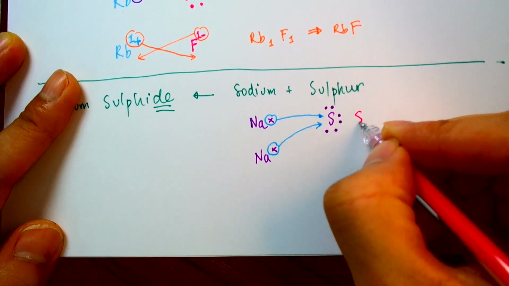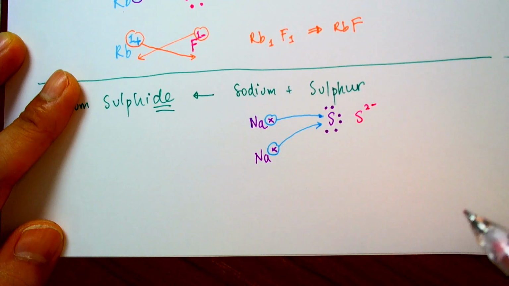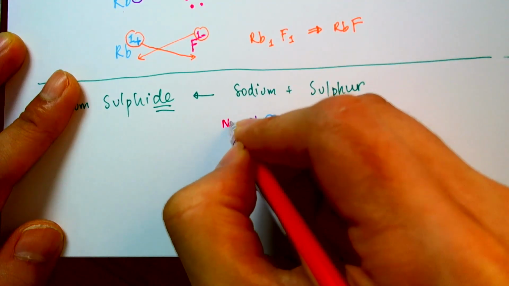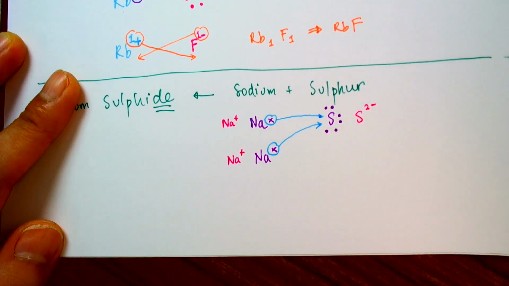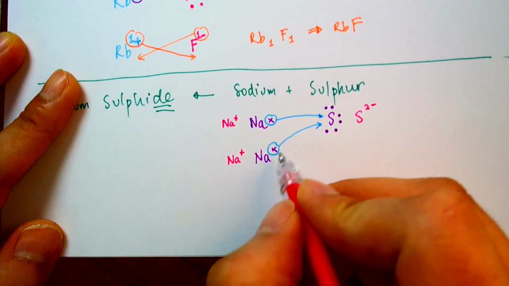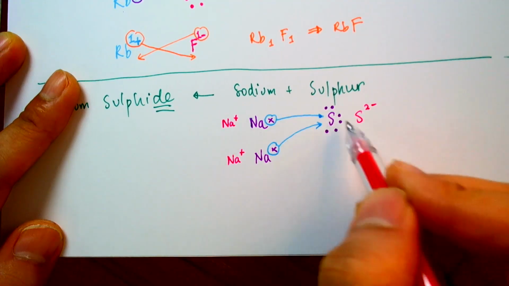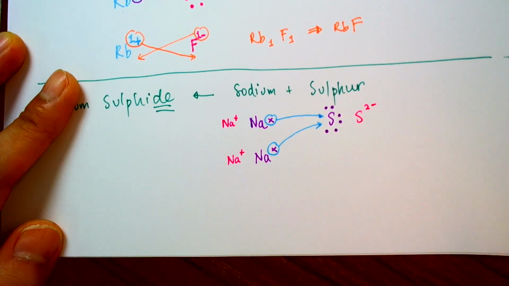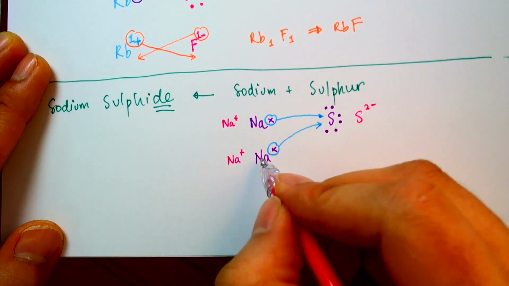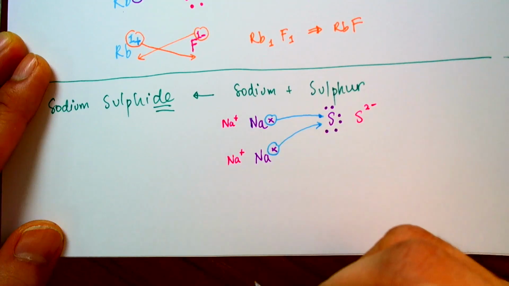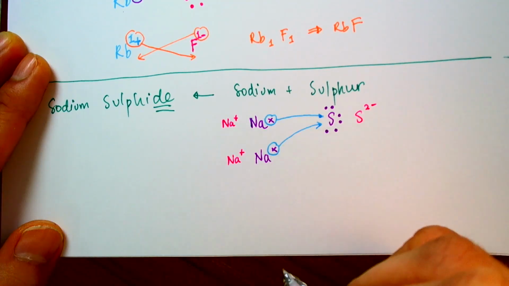So sulfur is now perfectly happy, forming a 2 minus ion, whereas each sodium has formed a positive ion, having lost 1 electron. So we see from this picture that the ratio of reacting elements in sodium sulfide is 2 sodium for every sulfur. So we need 2 sodium to supply the 2 electrons that sulfur needs.